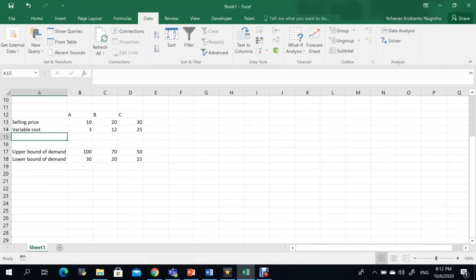The unit profit for each product is as follows. This is net profit, which is selling price minus variable cost. We assume that there is no fixed cost in this problem. We do the same for B and C, right?